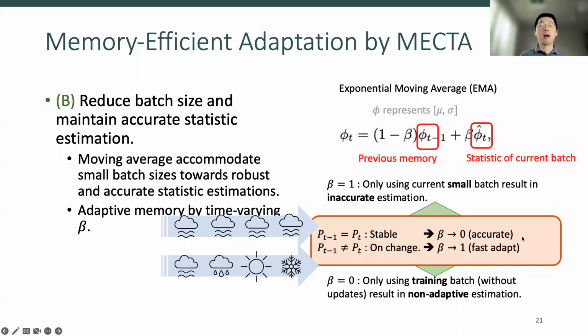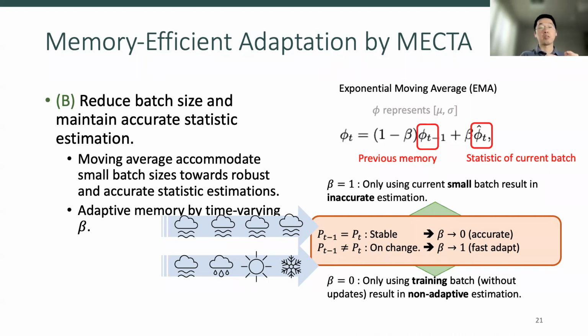We don't need to update. In comparison, if the previous distribution is different from the current distribution, that means the environment has changed. We have to adjust our strategy to quickly adapt our statistics to the new environment.